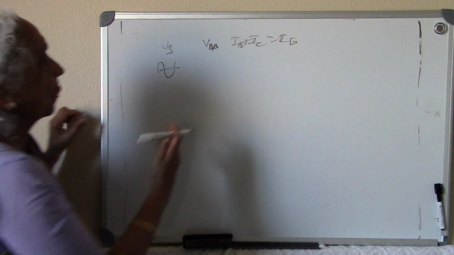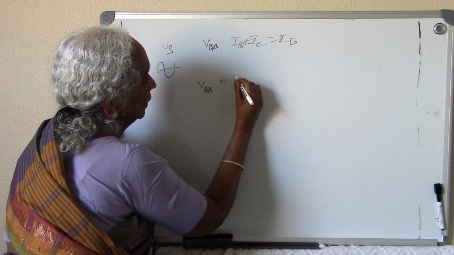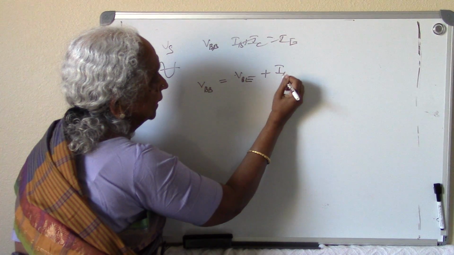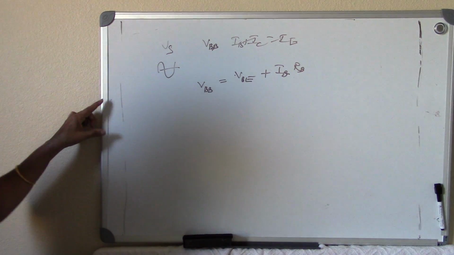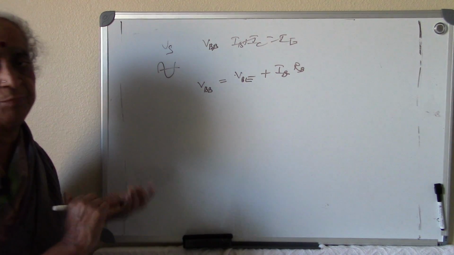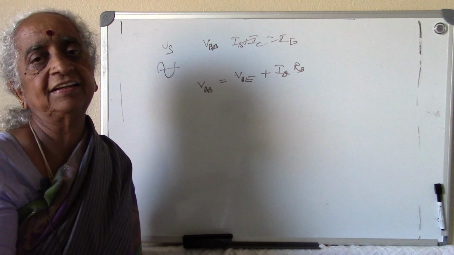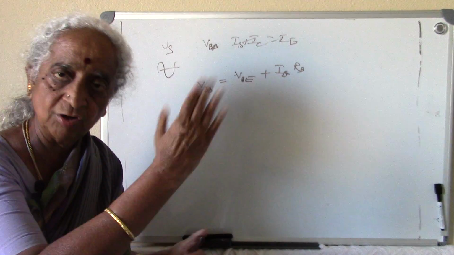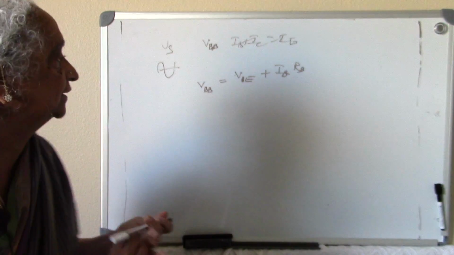Now we know VBB equal to VBE plus IB times RB. Now for small changes in VBB, who is bringing the small change in VBB? The input signal. The AC component from the input signal, after the DC components are filtered out. That will either add or subtract with this.